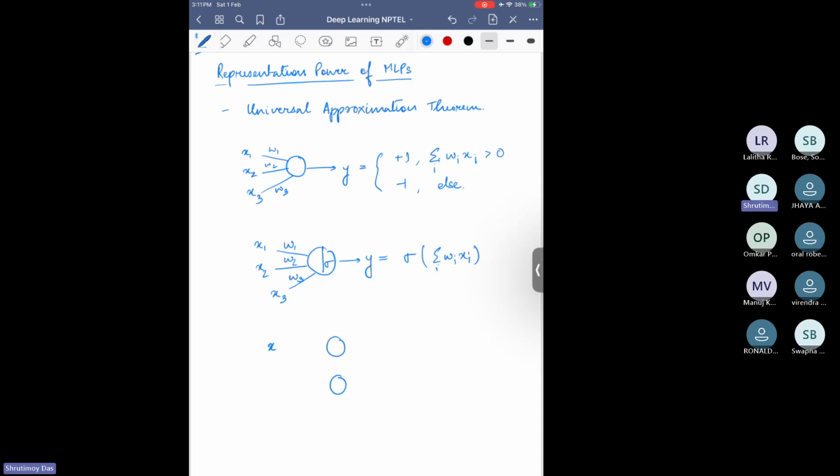These inputs go to perceptron 1 and perceptron 2, with weights w11, w12, w21, w22. You'll have a sigmoid here and another sigmoid here, and then the outputs will propagate onward, or we can just combine them at once.